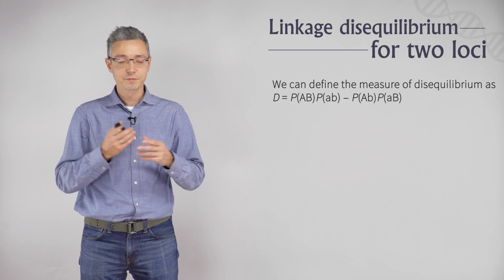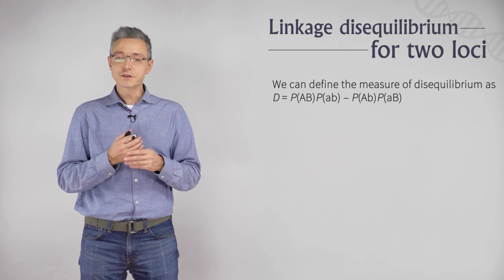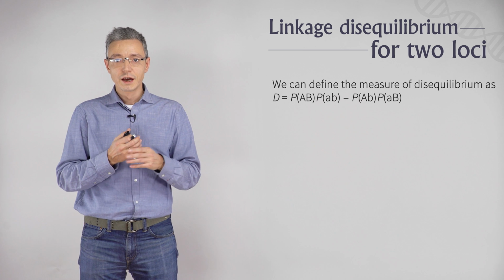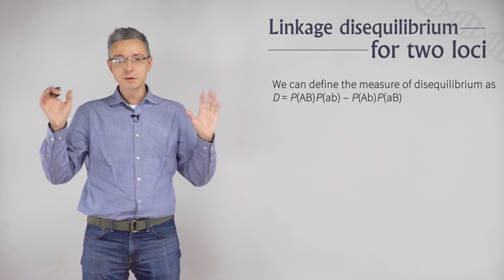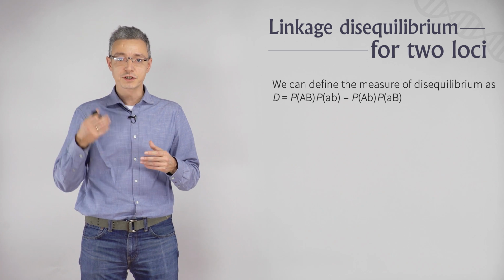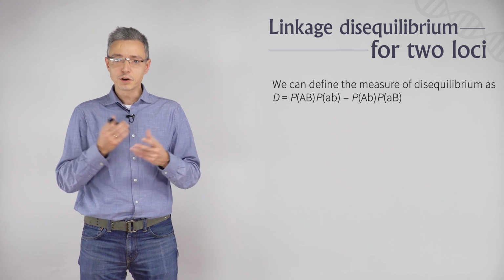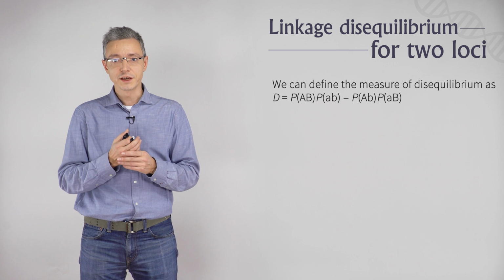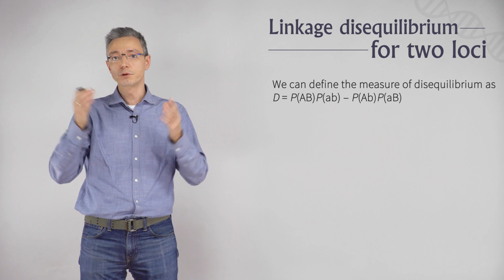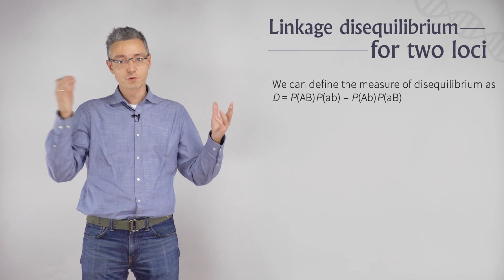However, D is not the most convenient measure of linkage disequilibrium because its possible maximal and minimal values are strictly defined by the frequencies of specific alleles. Most of the time it's desirable that your measure is scaled between specific boundaries, for example 0 and 1 or -1 and 1.